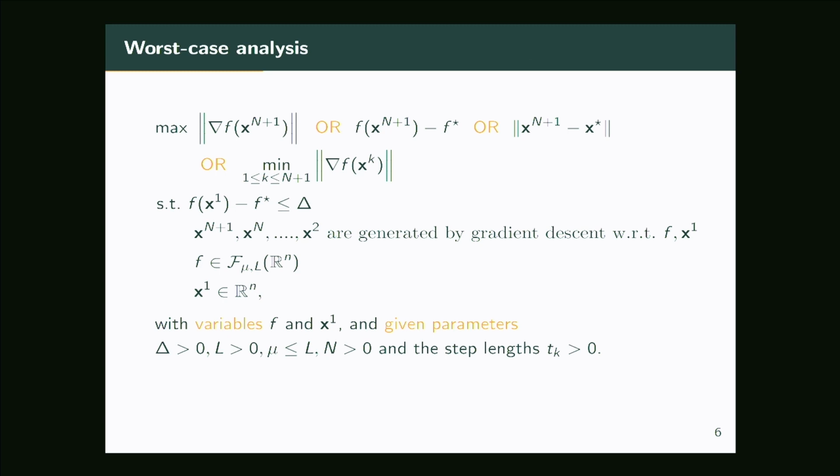And then we would like to add some constraints. First of all, we need to bound the problem, otherwise we will not get interesting solutions. So we're just going to introduce some fixed parameter delta, and say that the function value at the starting point minus the optimal value is bounded by this. Okay, so this is without loss of generality.